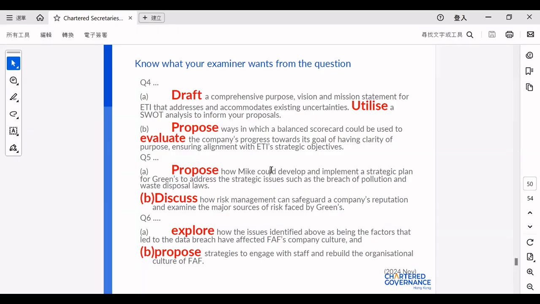Propose how Mike could develop and implement. So your proposal is related to the implementation and development of this strategic plan for Greens, and discuss how risk management can safeguard reputation and examine the major sources of risk. So probably there are three parts in here, right?